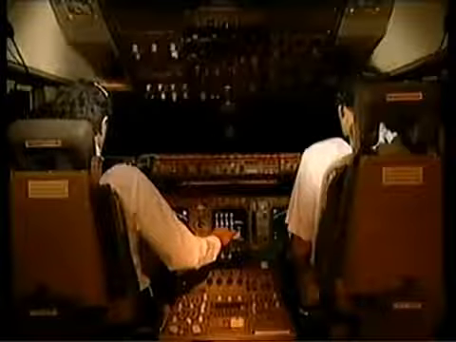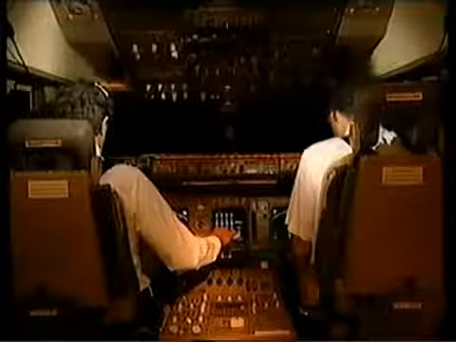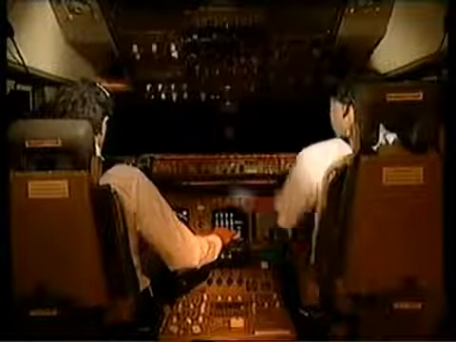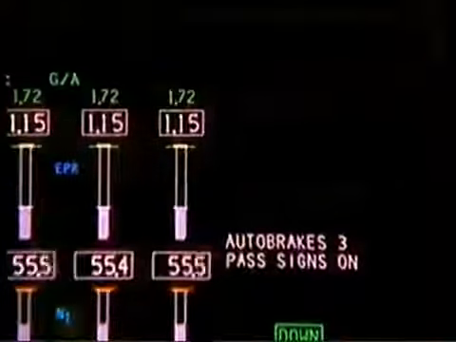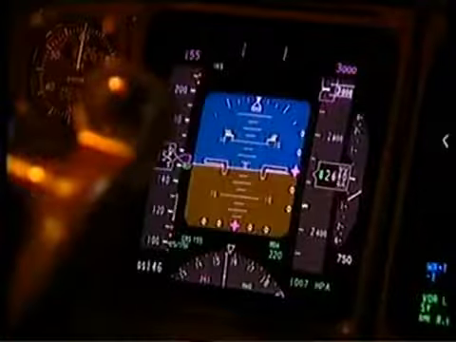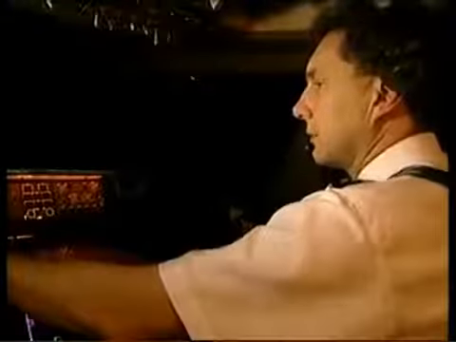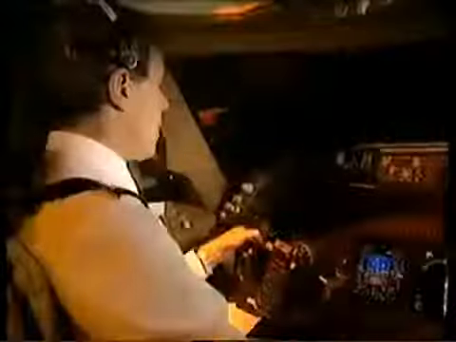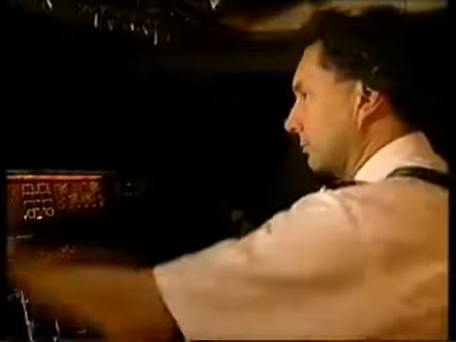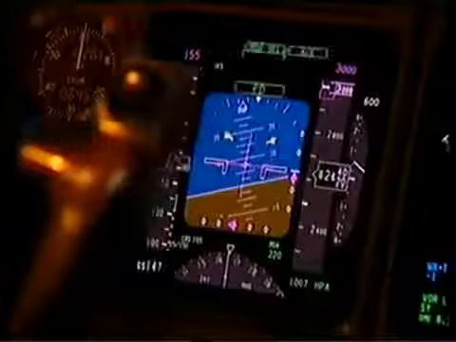Breakout alert. Oscar Juliet Alpha, turn right immediately, heading 240, climb to and maintain 3000. Heading 240, 3000, Oscar Juliet Alpha. Flap 20. Flap 20 selected. Positive rate, gear up.